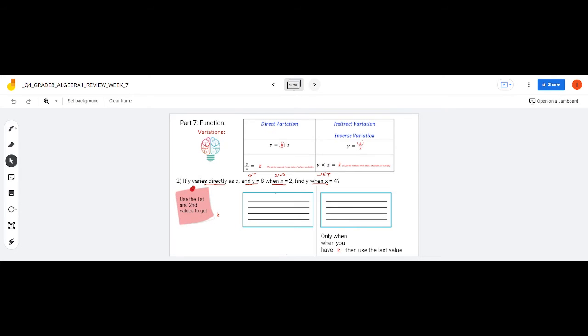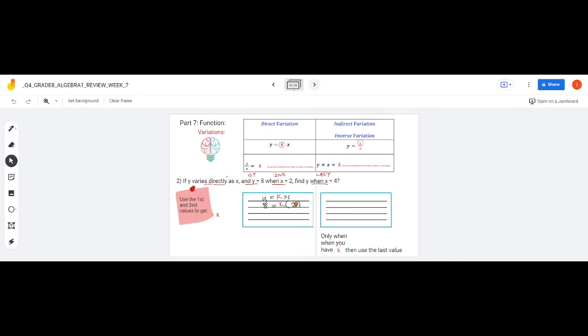Right, so because we're going to use this formula, I'm just going to write it down. And now I'm going to substitute y, that's 8. We don't have k yet. x, that is 2, that goes in there.